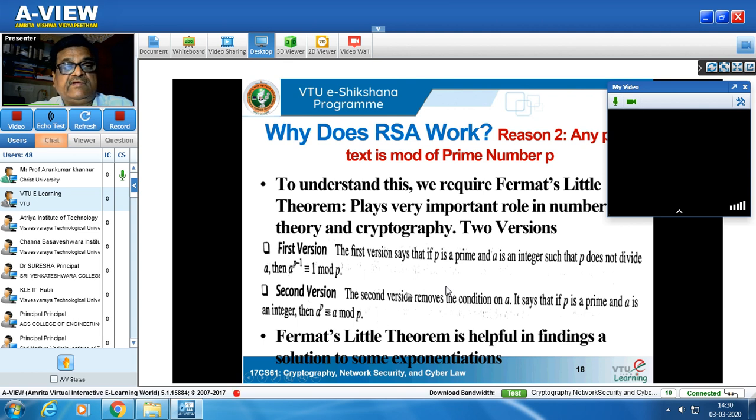The second version of this is indicating that this removes the condition on A. This is the improvement over version 1.